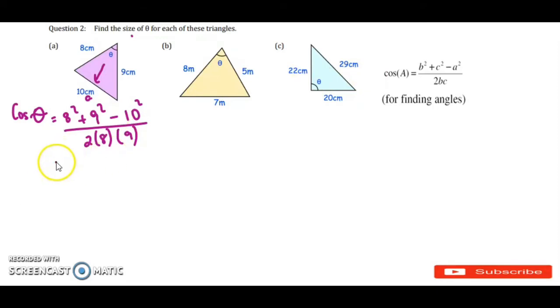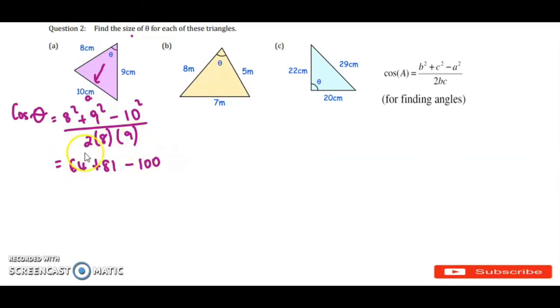So here I'm going to use my calculator and find the square of 8. 8 squared is 64, and 9 squared is 81, minus 10 squared, that is 100. You don't want to punch everything into your calculator one time.